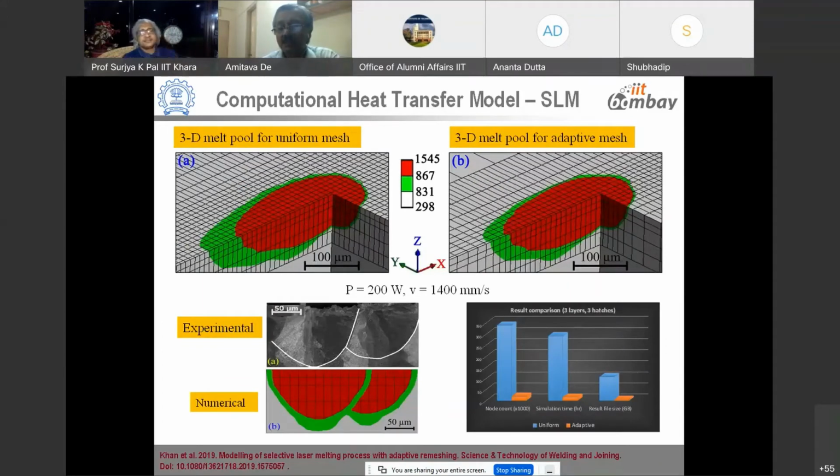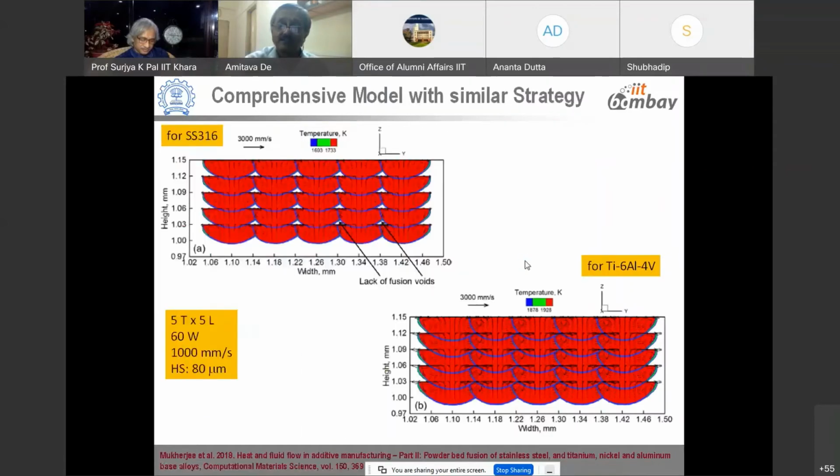For example, as you can see here, it can reduce the total time to simulate a model drastically. It can also reduce the volume or storage space required for such computational models tremendously, without much loss in the accuracy of the results.